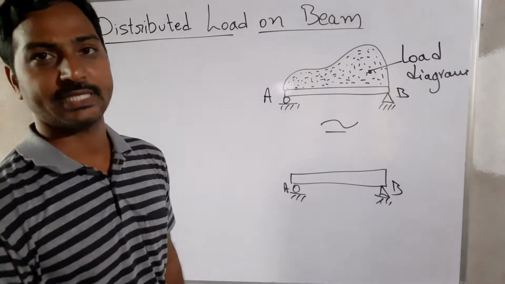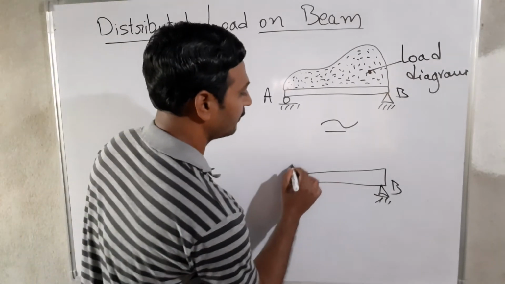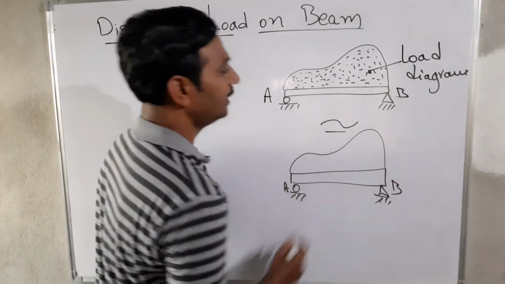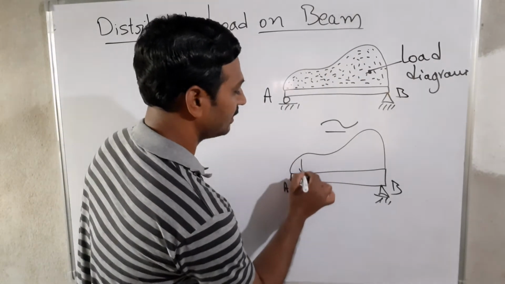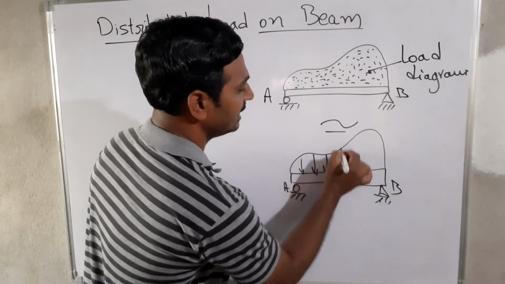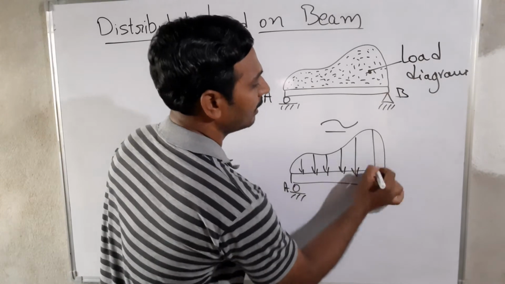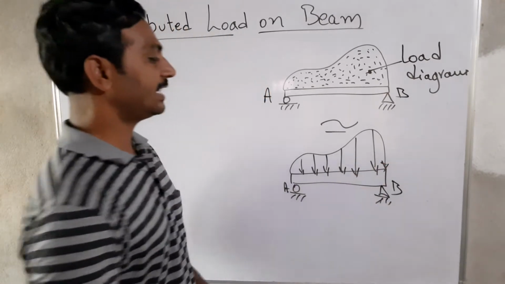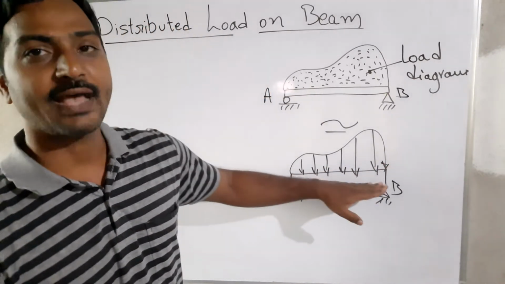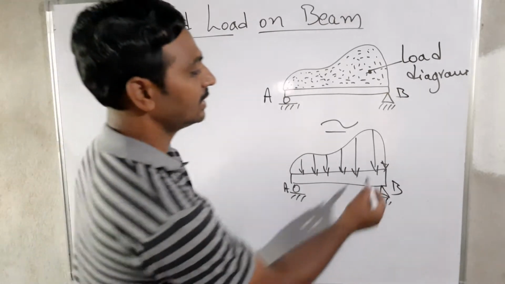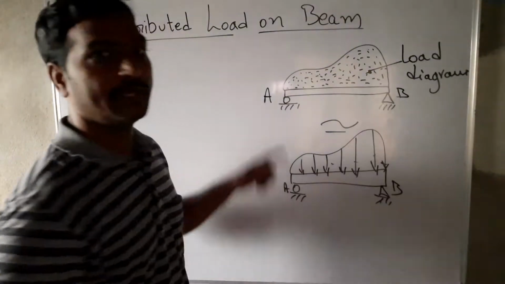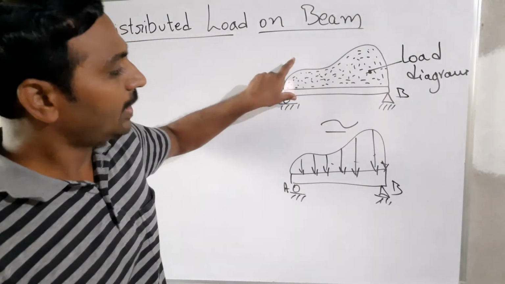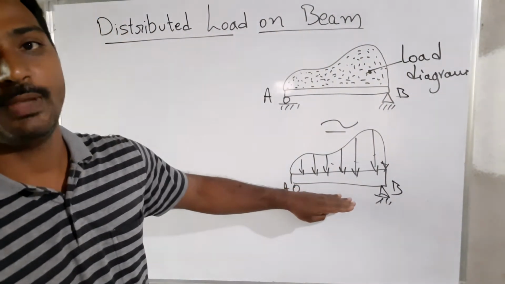The same configuration I have taken over here, but rather than showing the material, I am representing the load with arrowheads. That means I have taken parallel arrowheads. The arrowheads represent that the load is exactly coming onto the beam over here.